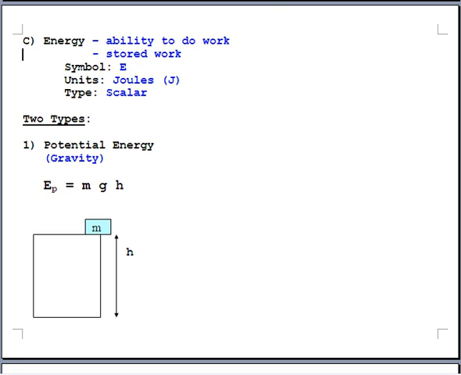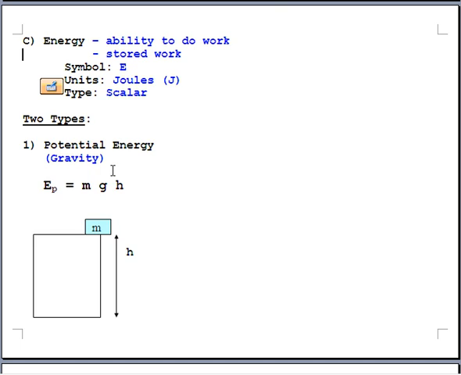So the calculation for potential energy, E with a little subscript P for potential, is M times G times H. And it works great anytime we take an object with mass and we lift it up into the air.